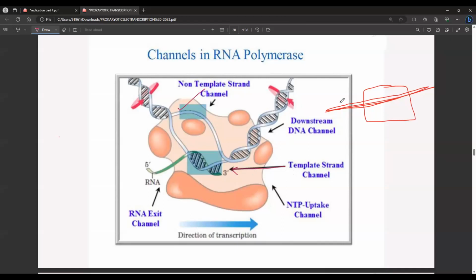And first of all, how does the DNA pass through the polymerase enzyme? There is a channel called the downstream channel. Now, friends, you know very well, if I ask you what is the meaning of synthesis of DNA or synthesis of RNA, you will tell that addition of one nucleotide to another nucleotide is called synthesis.